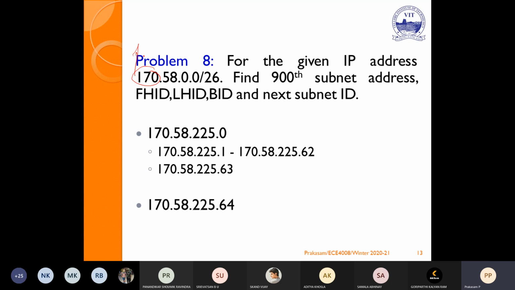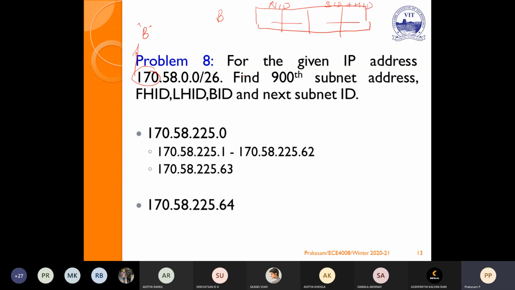Anyone can tell? 170 means which class? Class B. Yes, class B. So in a class B, the first two bytes are the network ID, the remaining two are subnet ID plus host ID.